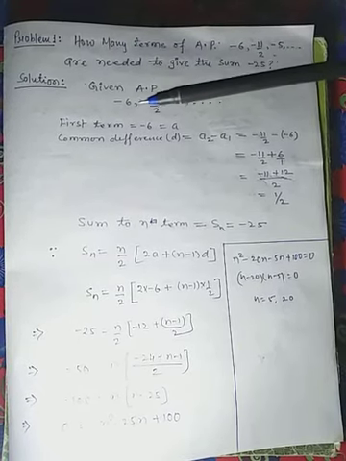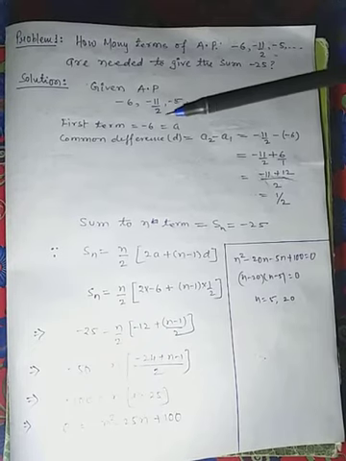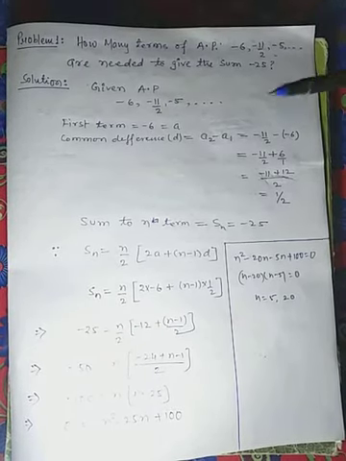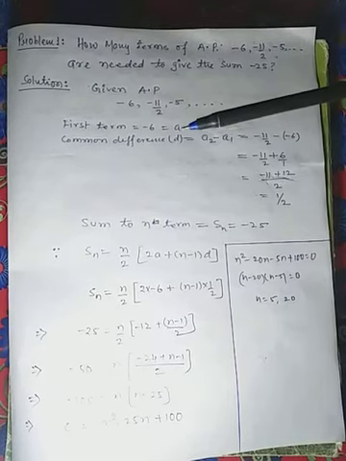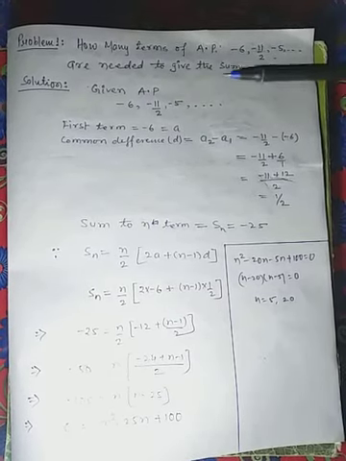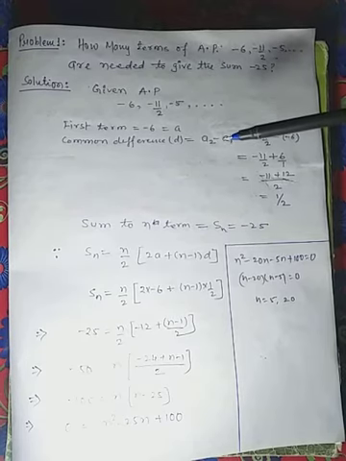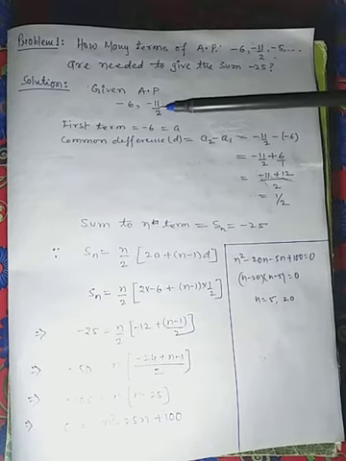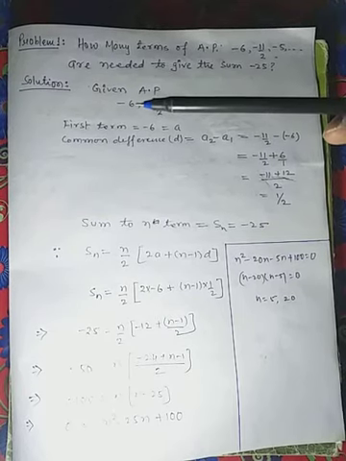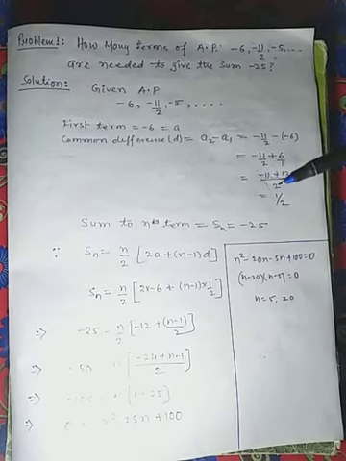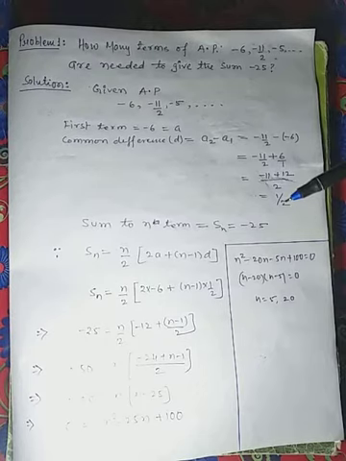Given AP is minus 6, minus 11 by 2, minus 5. So first term is minus 6. Common difference d equal to A2 minus A1. A2 is minus 11 by 2 and A1 is minus 6. So after simplify, d get 1 by 2.